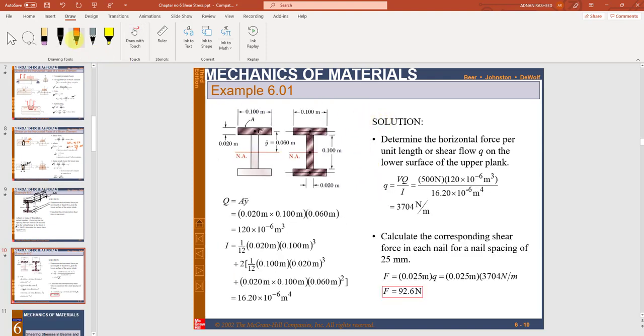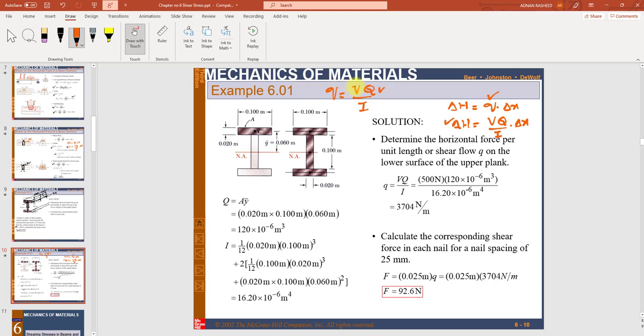As we know, delta H is equal to q into delta X, and q is equal to VQ over I. So first we will find the shear flow, q equal to VQ over I. When you find the shear flow, then you will convert it into horizontal shear force.